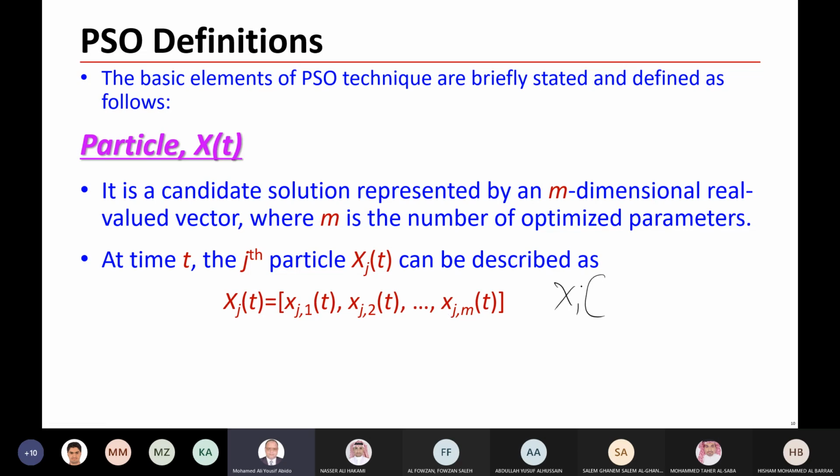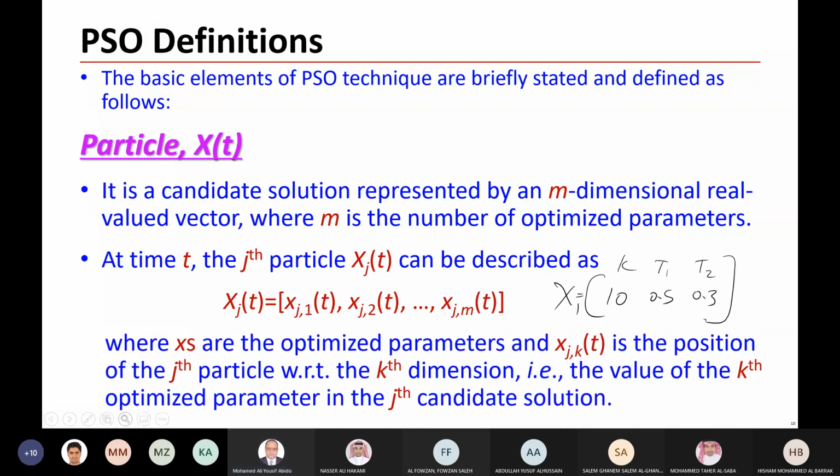For example, x1 could be k, t1, t2, say 10.2, 0.5 and 0.3, whatever. So this is the particle, and these are the optimized parameters.